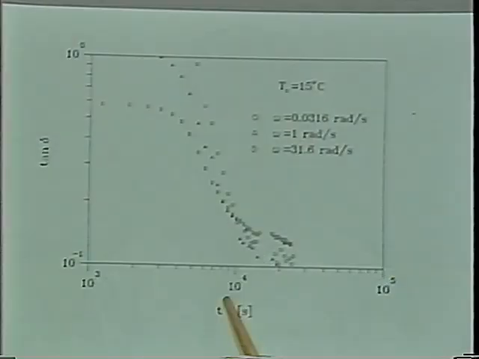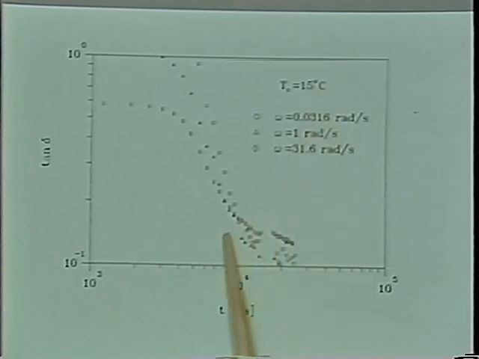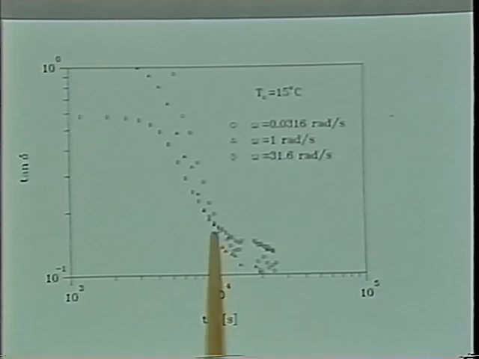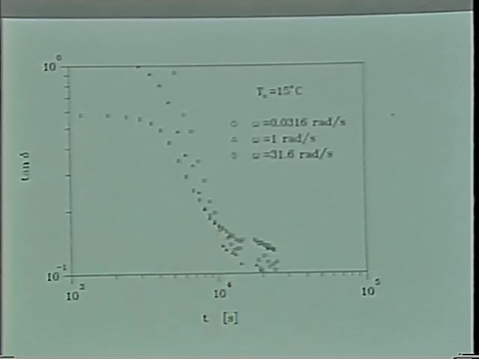Similar things occur when you quench even deeper, go to 15 degrees C, everything occurs faster. But it is the same type of evolution. And again, we know where the gel point is. Now that's interesting to know.